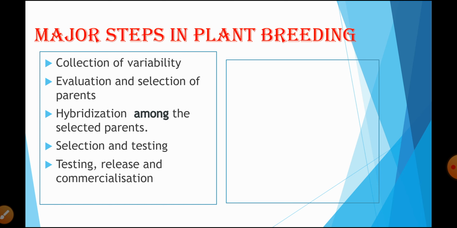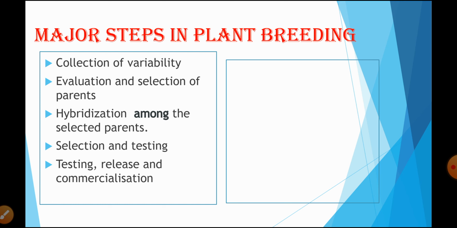If you are expecting one plant which is producing bigger size fruit and another one is very tasty fruit, and you are hybridizing these two plant, you may get smaller size with distasteful one, right? There is a chance to get that. So this thing is what included in selection and testing. We are going to select the superior quality of the progeny, and we need to test whether the progeny possess the superior quality or not.